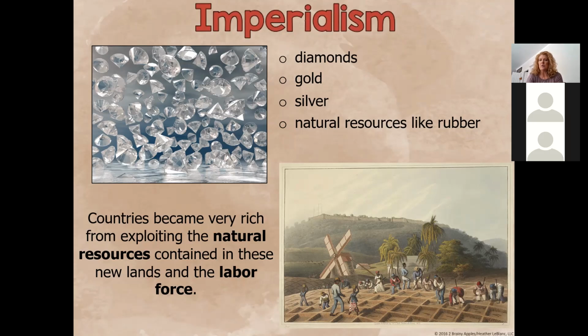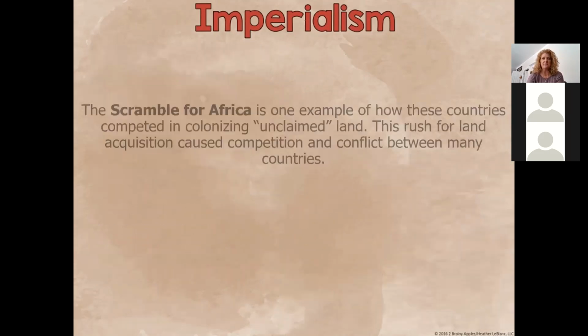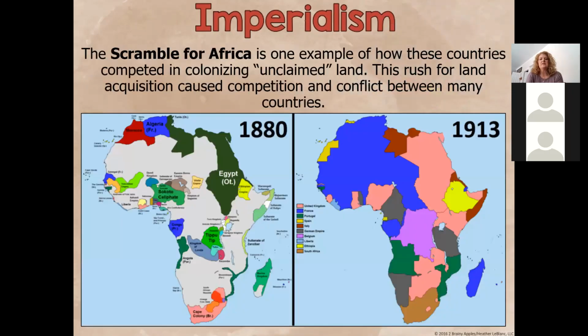They were getting diamonds, gold, silver, and we even mentioned last week that they were getting rubber for all of these new types of products being developed because of the age of industrialization. This is an example of how much Africa was carved up and distributed from 1880 to 1930. This was an intense competition, which contributes to conflict.